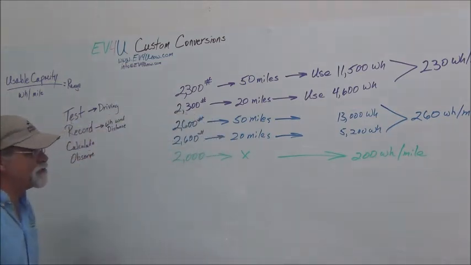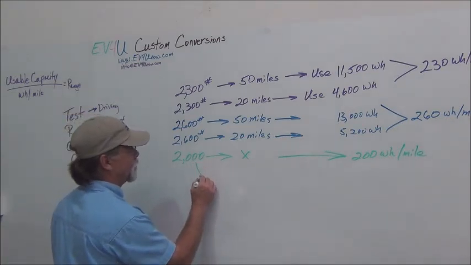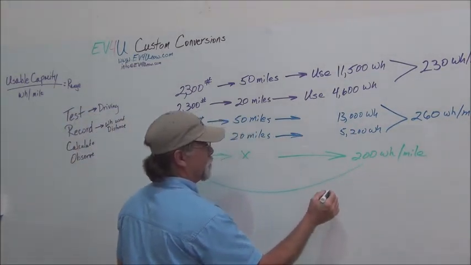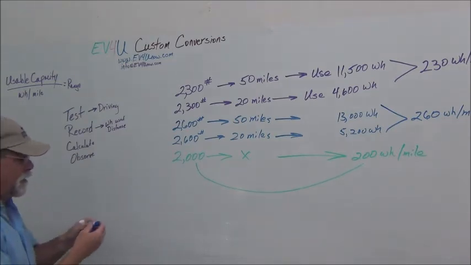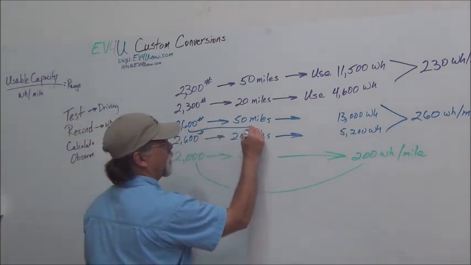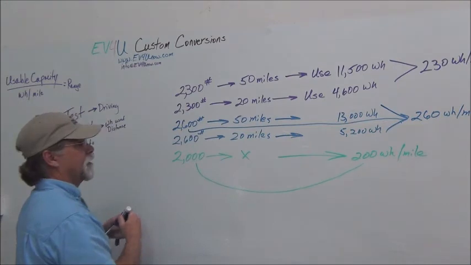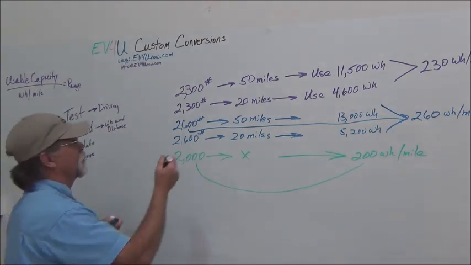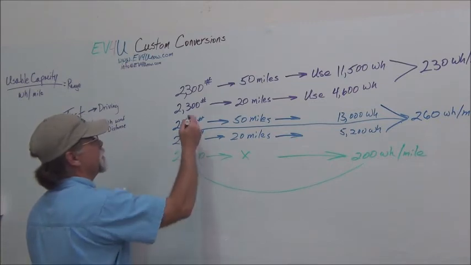And then our observation was this relationship right here, the relationship between the watt hours per mile and the weight. And what do you see? Well, the pattern that we saw was that it was divisible by 10.